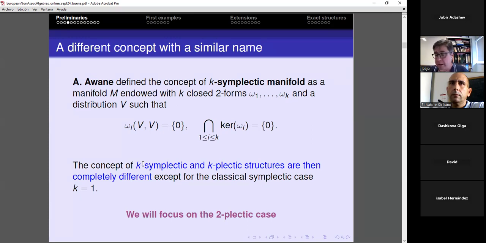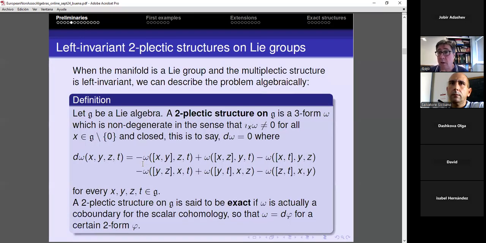Since we are going to work on Lie groups, we can pass everything to the Lie algebra. So we can always work at the Lie algebra level, and we are going to do everything algebraically. We take a Lie algebra, and what is a two-plectic structure on a Lie algebra? This is nothing but a three form which is non-degenerate and closed.